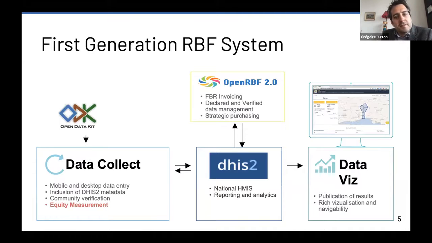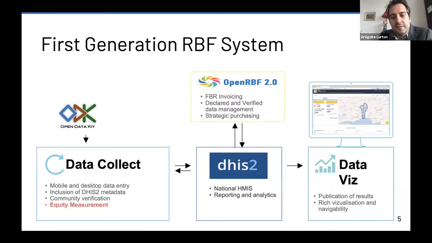What Data Collect does is it allows you to get data on health facilities and indicators to and from DHIS2, which is the tool used by a lot of health information systems to monitor indicators from health services. So there is this interoperability between data collected through ODK and then exchanged with DHIS2, which allows you, for example, to link the data you're collecting to the actual health pyramid and the health facilities as they are recorded and coded through the National Health Information System.